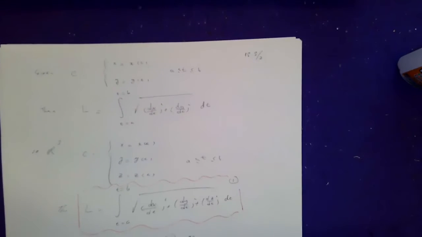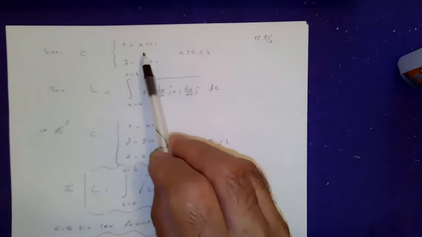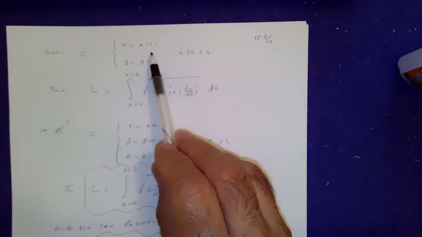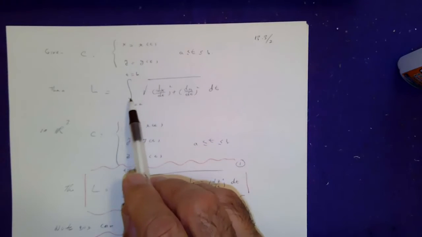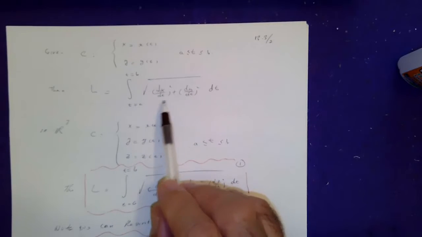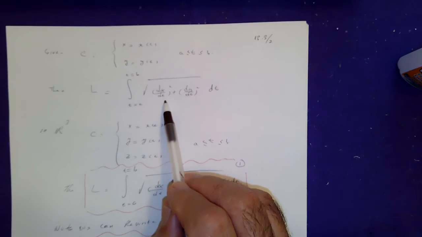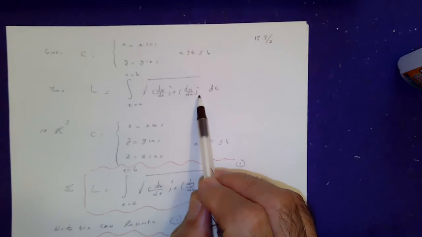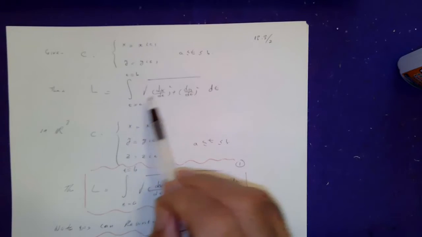However, if the curve is expressed parametrically, like so, then the formula 1 plus f prime of x squared changes into the square root of dx dt squared plus dy dt squared, where t goes from a to b, correct?